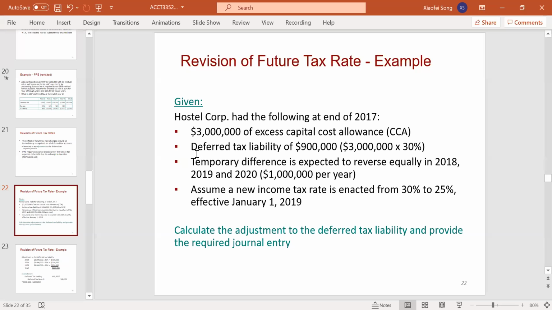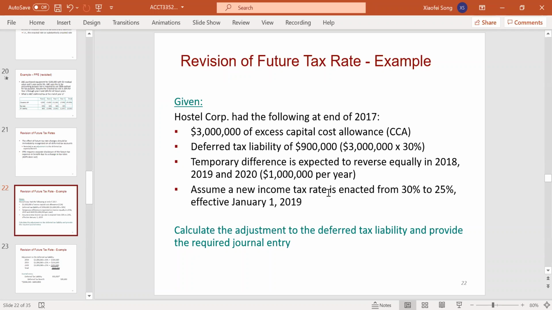The deferred tax liability is 900,000 at 30%. At that time, 2017, the tax rate is 30% for every year. Then the temporary difference is expected to reverse equally in the following 3 years.